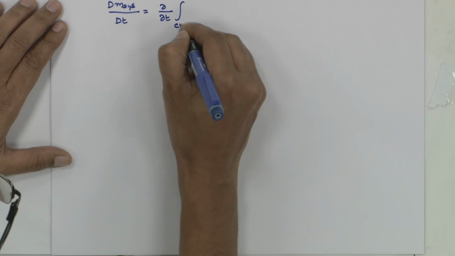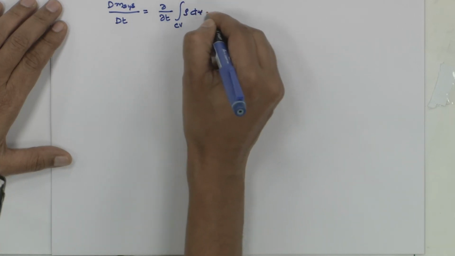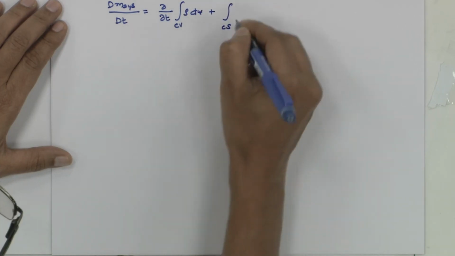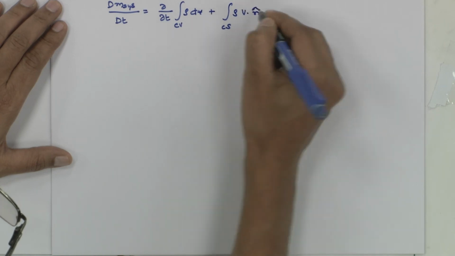Let me rewrite that again: dm system divided by dt is equal to del by del t of rho dV plus rho V dot n dA.